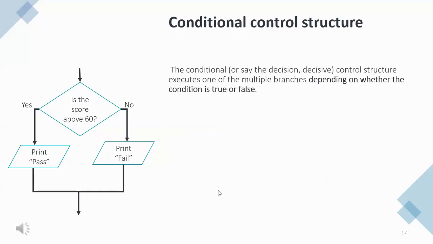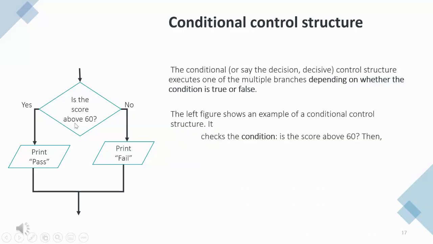The conditional, or decision, control structure executes one of multiple branches depending on whether the condition is true or false. The left figure shows an example of a conditional control structure. It first checks the condition. Is the score above 60?